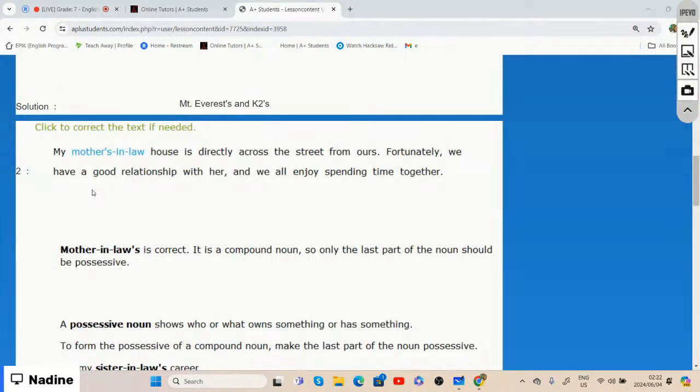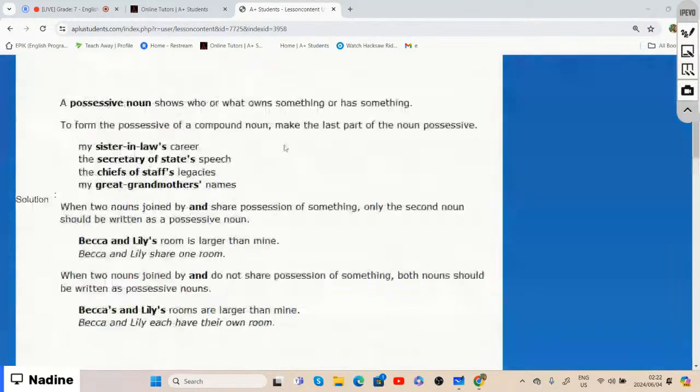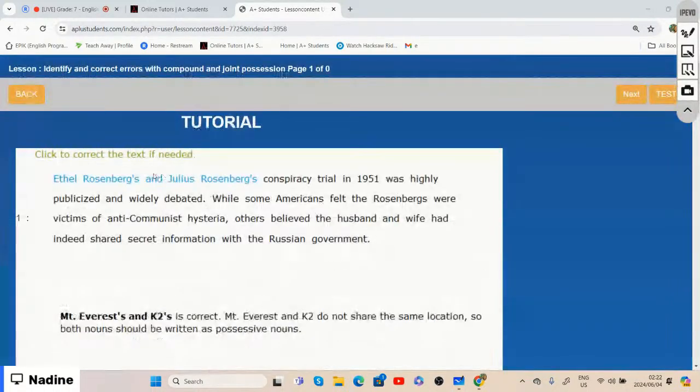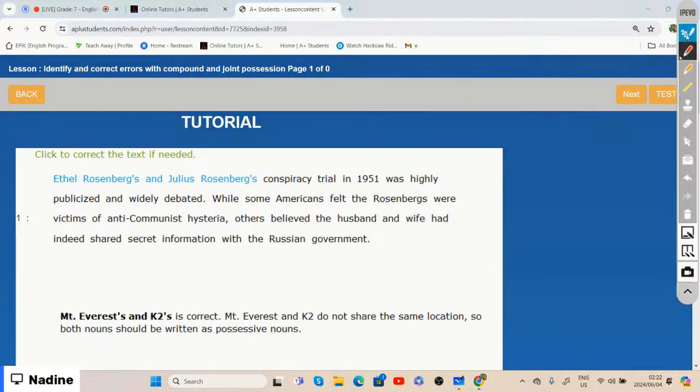We need to look at these two words and correctly write down the apostrophe errors, which means that since Ethel Rosenberg and Julius Rosenberg are husband and wife, only one Rosenberg is going to have an apostrophe in this.